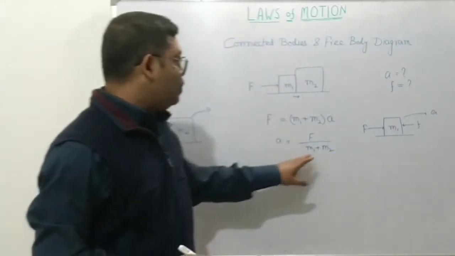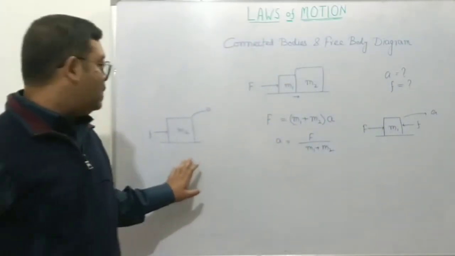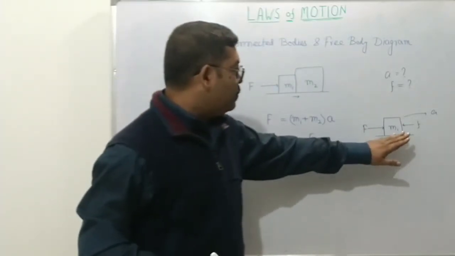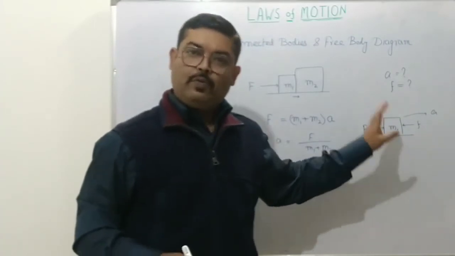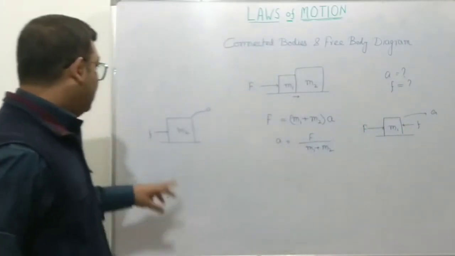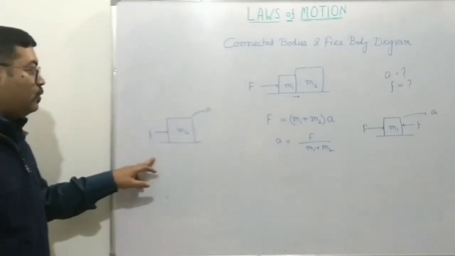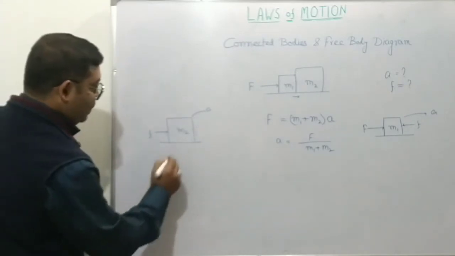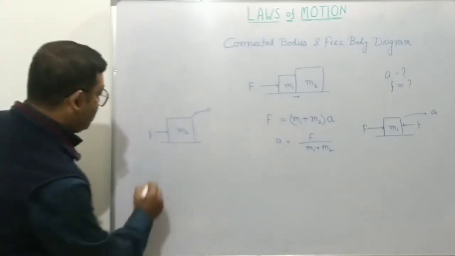Now we can apply this to both the systems, m1 and m2, separately. If I apply this to the equation of m1, we will be able to find it, but it will have two forces. However, in the equation for m2 there is only one force, so it will be easier for us to find the force from here. For m2, what will be the equation of motion?